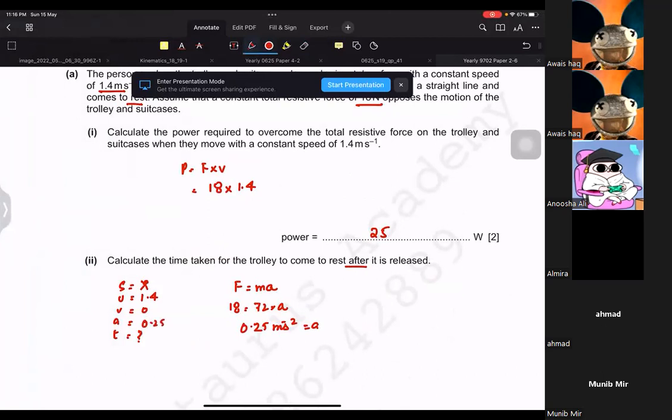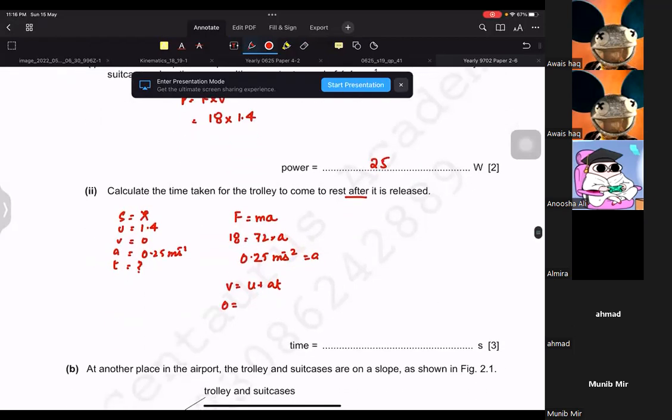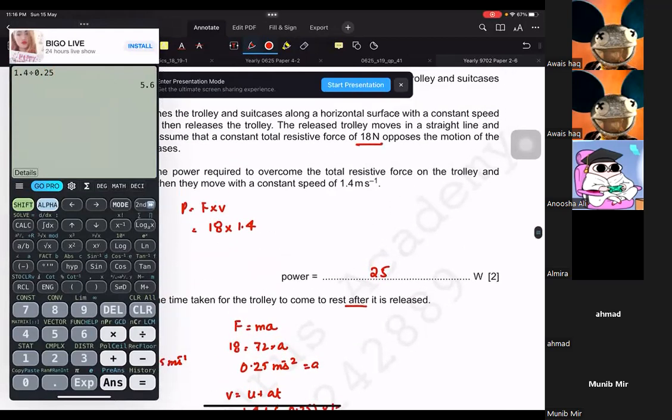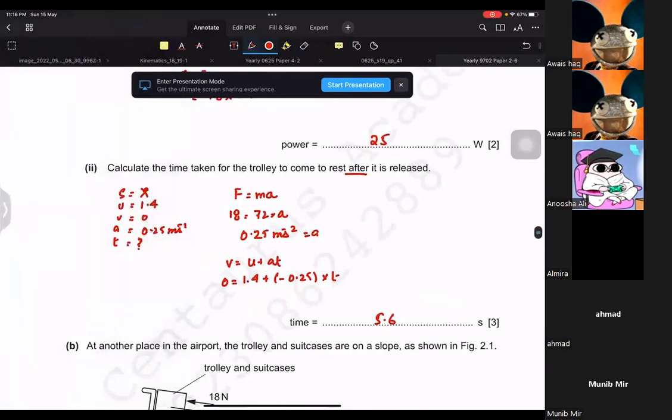What should be the best equation? v equals u plus at. 0 equals 1.4 plus, by the way, acceleration has to be negative, because it is deceleration, slowing down, times t. So 1.4 divided by 0.25, so 5.6 seconds. All right.